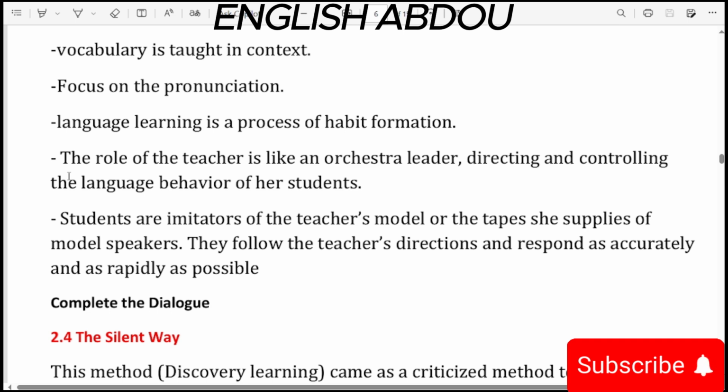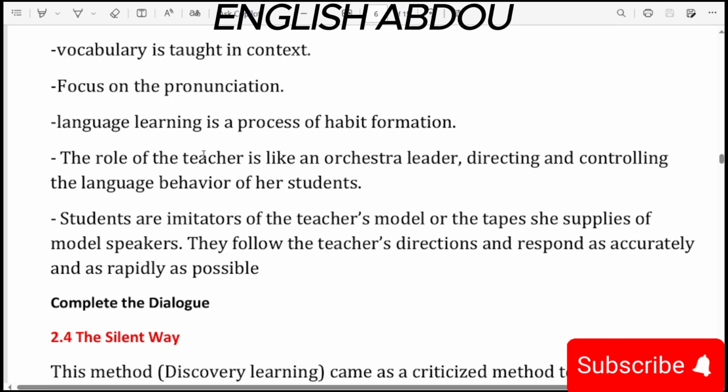Okay, language learning is a process of habit formation. Of course, it is based on behaviorism or behavioral theory. As you know, behavioral theory believes that habit formation is very important in learning a language.